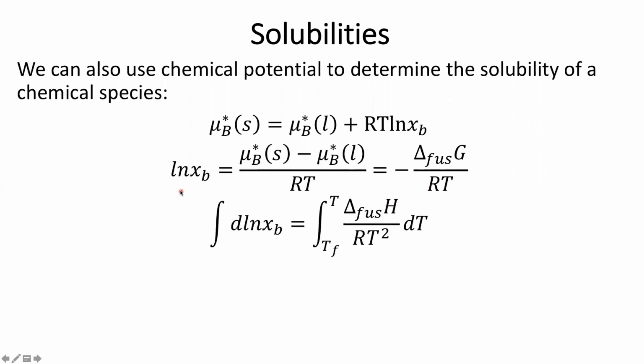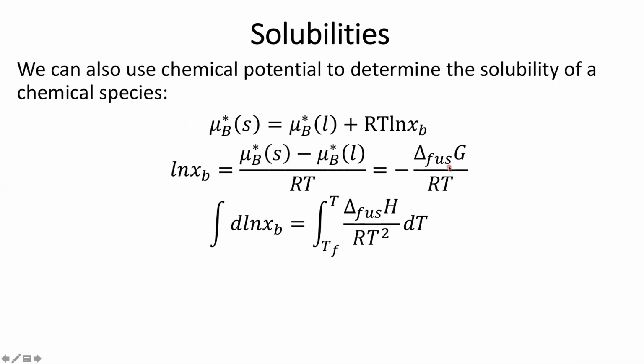So the integration of the left side should be fairly straightforward, as I'm going to be integrating from the pure species to essentially the mole fraction of my maximally saturated solute system.